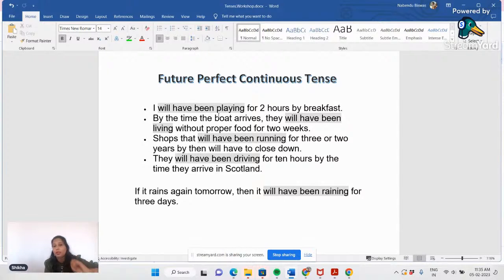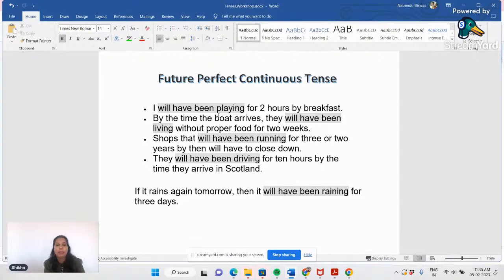So again, here we are giving a future time, and we are saying that in that future time this activity would be continuous, but at the moment of time which I am giving, it would get completed. That is, I will have been playing for 2 hours by breakfast. It means when the breakfast time comes, till that time I will have played for 2 hours.